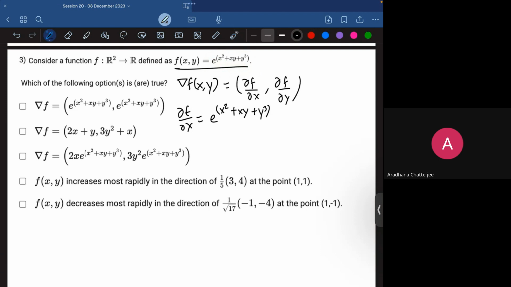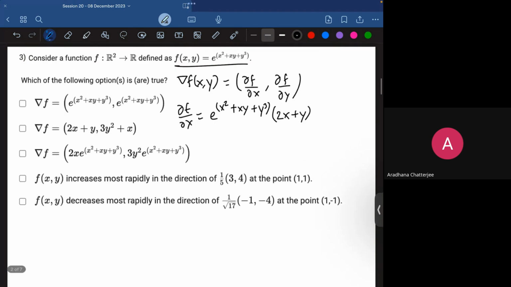Anyone? 2x plus y. Yeah, 2x plus y. Because y is being treated as a constant. We don't care about this y cube, we're just taking the derivative as we do as usual. So chain rule application, this is going to get multiplied by 2x plus y. Okay, so that is the partial derivative of f with respect to x.